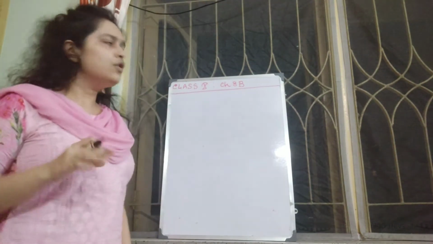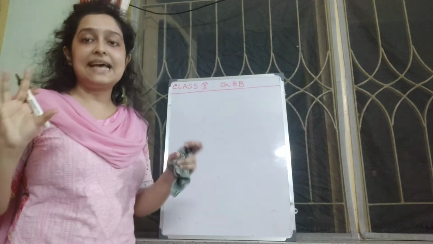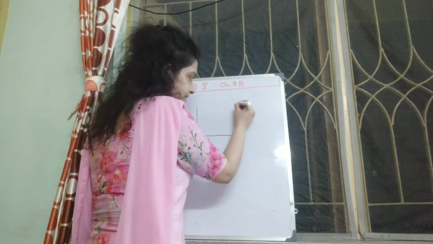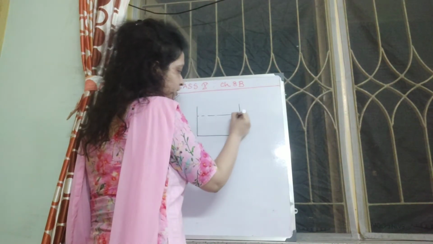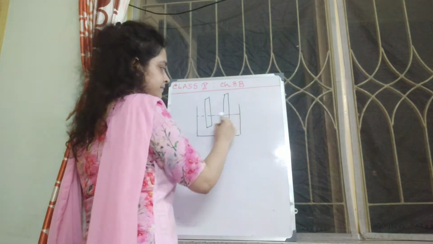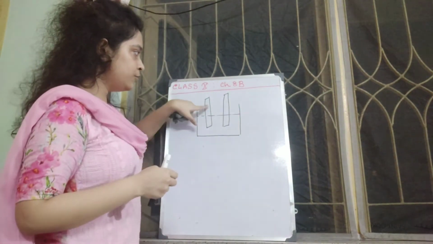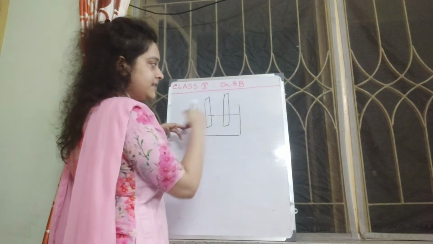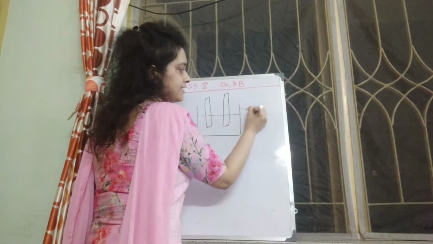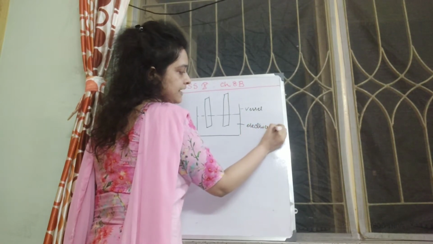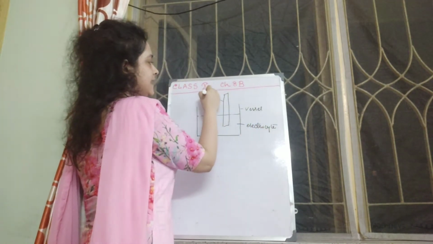Now, you already know what a cell is. What is an electric cell? It's a device which consists of an electrolyte and two metallic electrodes. These are the electrodes, this is the electrolyte and this is the vessel, the electrolytic vessel where the electrolyte is taken.